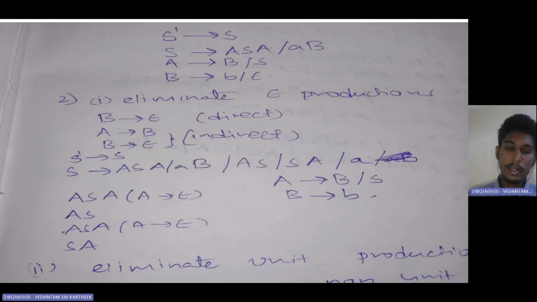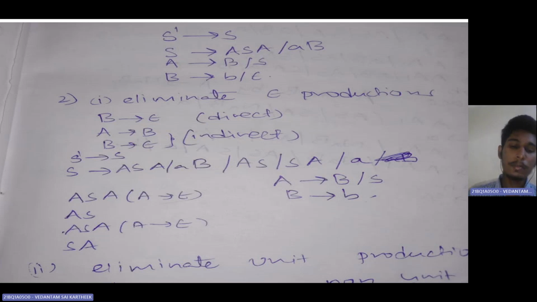And in the second transition A to AB, if we replace the B with epsilon, then we get A. So that gives the transition for S to ASA. Then we write these transitions directly, A to B or S, and capital B to small b. We don't write epsilon here next time.